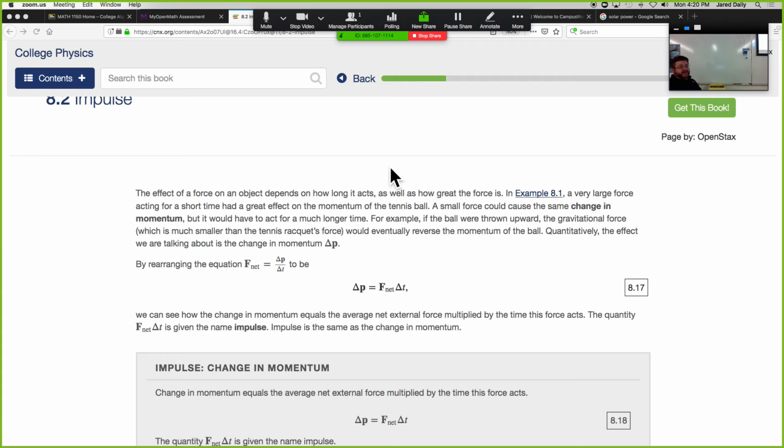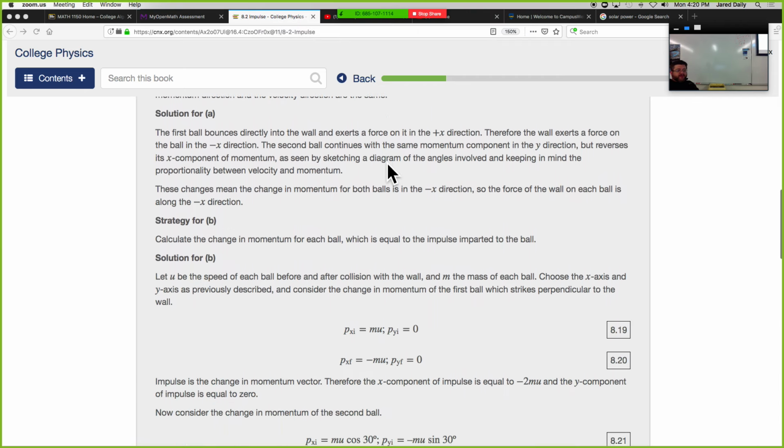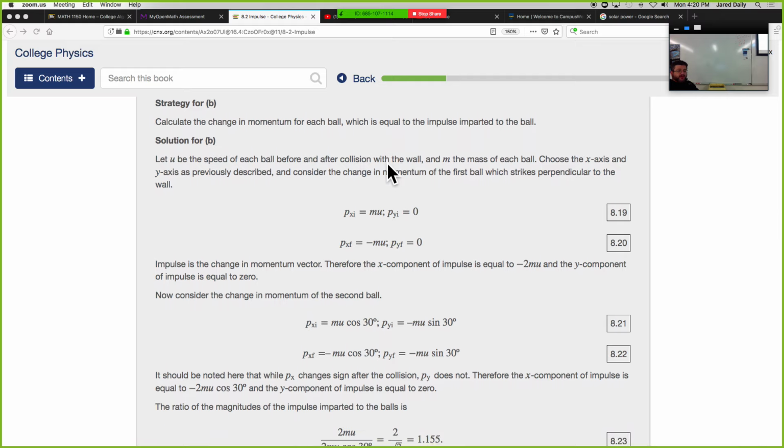Okay, so now we get into this problem, and we see what they did. We have our first billiard ball, it's just going straight towards the wall. Now they're using U instead of V, don't be too confused. But the momentum of the first ball initially is mass times velocity, and they're saying the y momentum is 0 because the first ball is just going straight into the wall.